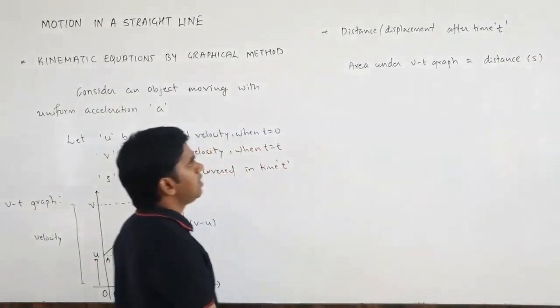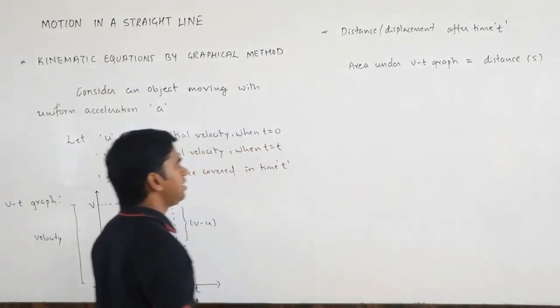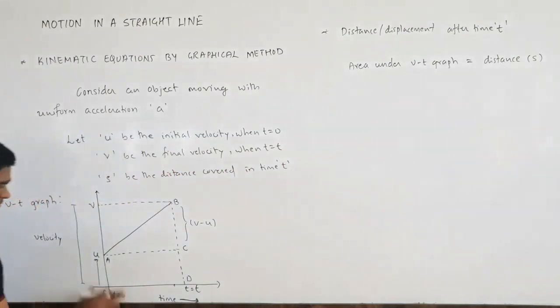Now, the area under the VT graph. We can calculate the area under the VT graph here. This total area you have to calculate.